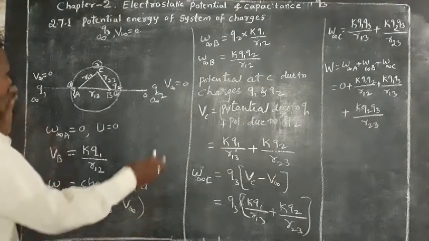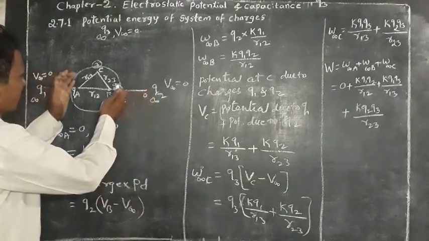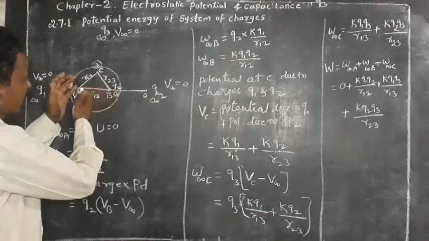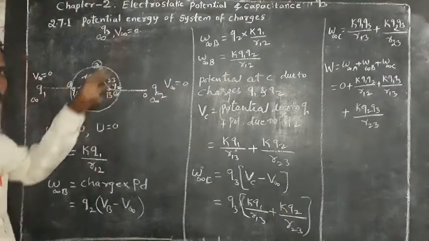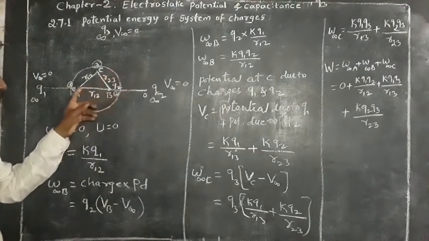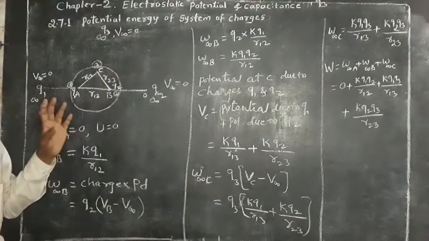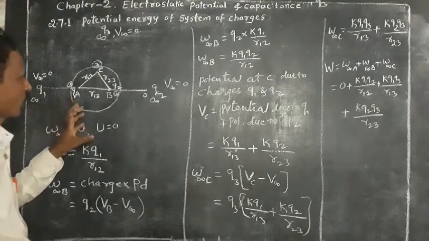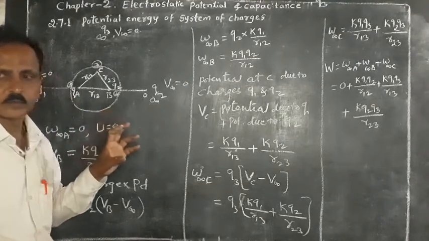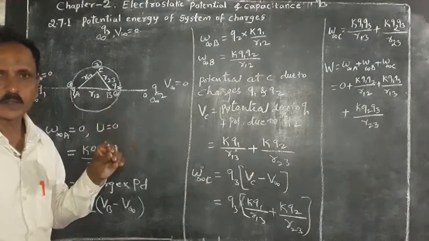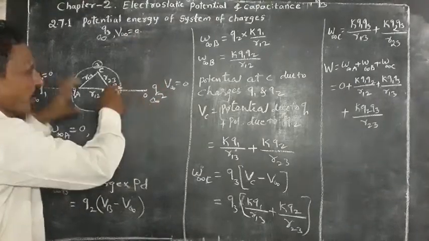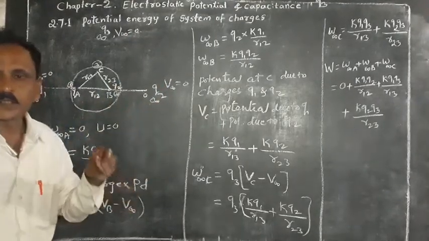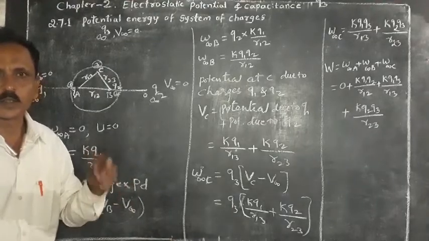When they are brought to the final configuration, that is ABC, some work has to be done to move all the charges to the final configuration. Therefore, the work done in moving charges from the initial configuration to the final configuration is called electrostatic potential energy.